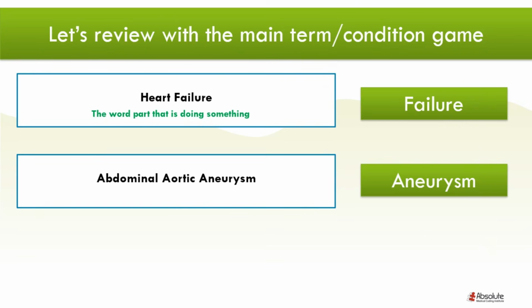If you said because it's a diagnosis, outstanding, it is. Now, how do you know if it's a diagnosis or not? Well, if it can stand alone, you've heard of people having an aneurysm. Yeah, there you go. Abdominal aortic is a more specific aneurysm, but aneurysm is a diagnosis that can stand alone.